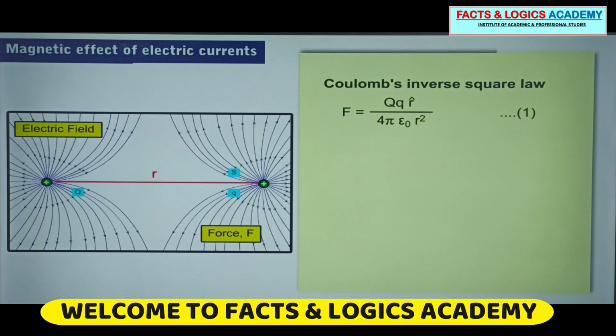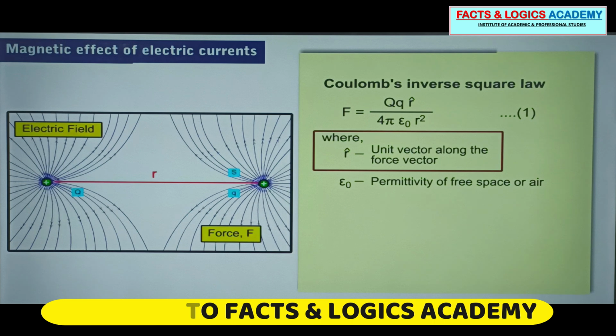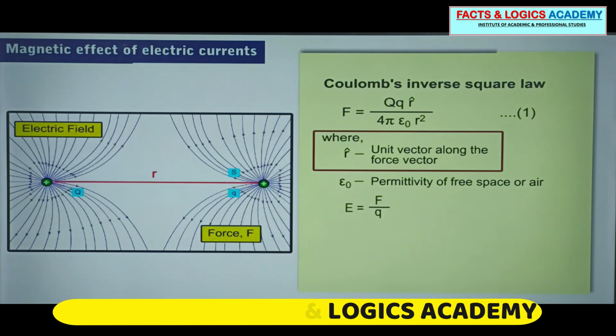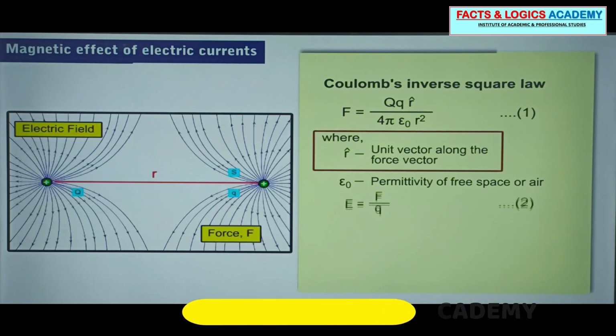Let us label this as equation 1, where r cap is the unit vector along the force vector and epsilon naught is the permittivity of free space or air. Then, the intensity of the electric field at point S is denoted by E = F divided by q. Let us label this as equation 2.